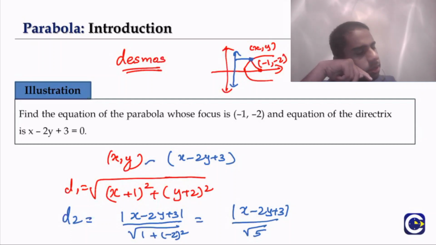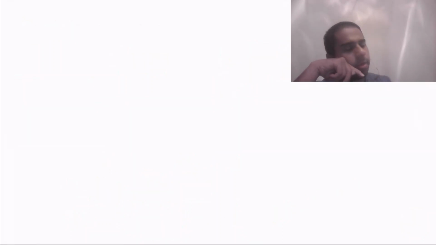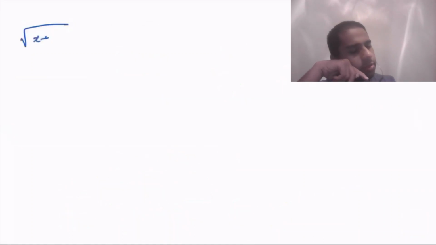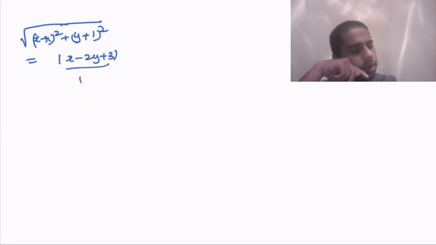This is d2. Right now we have to equate d1 and d2. So d1 is equal to d2. Right? We'll do that. Root of x plus 1 the whole square plus y plus 1 the whole square is equal to x minus 2y plus 3 by root 5.